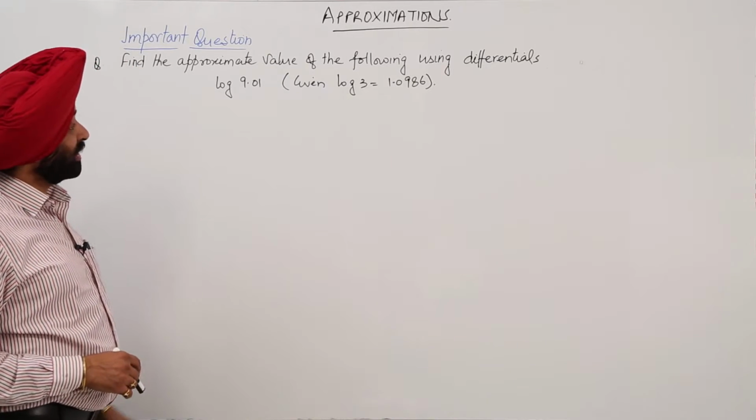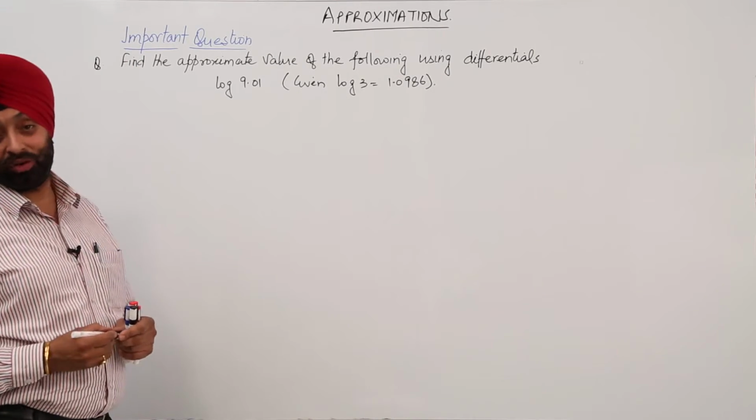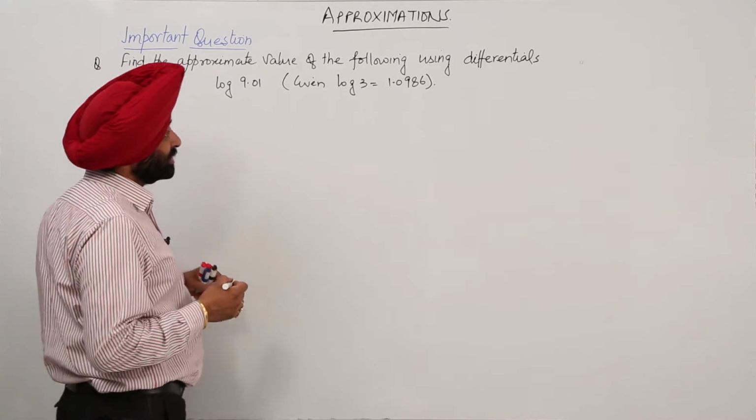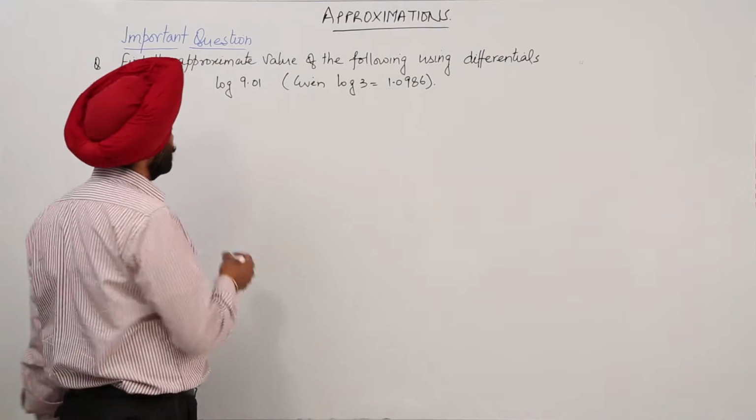Let's find the approximate value for log 9.01, given log 3 is equal to 1.0986.